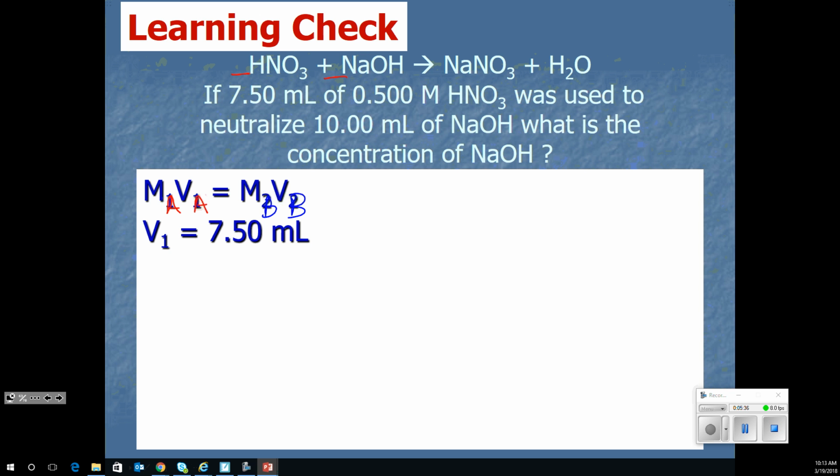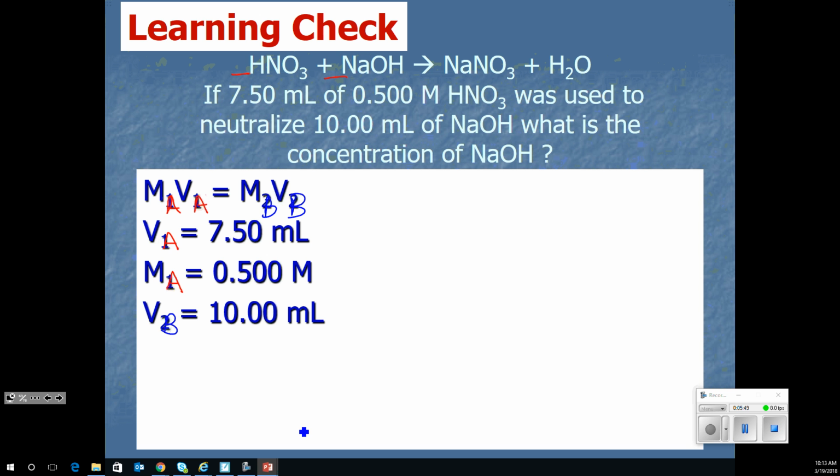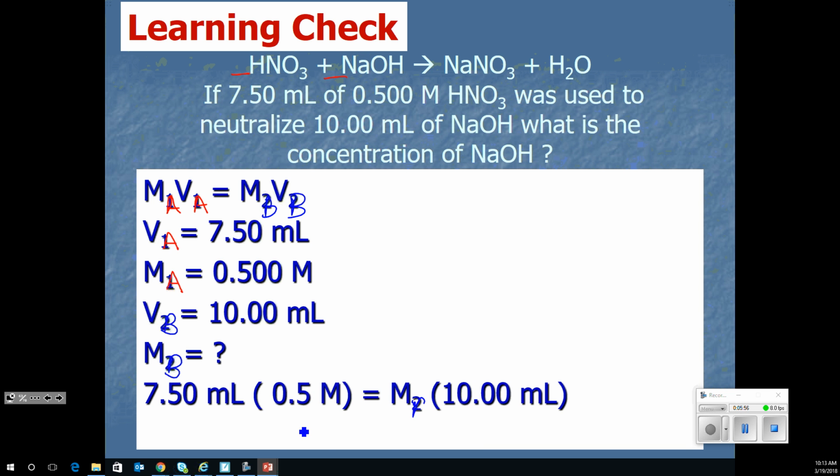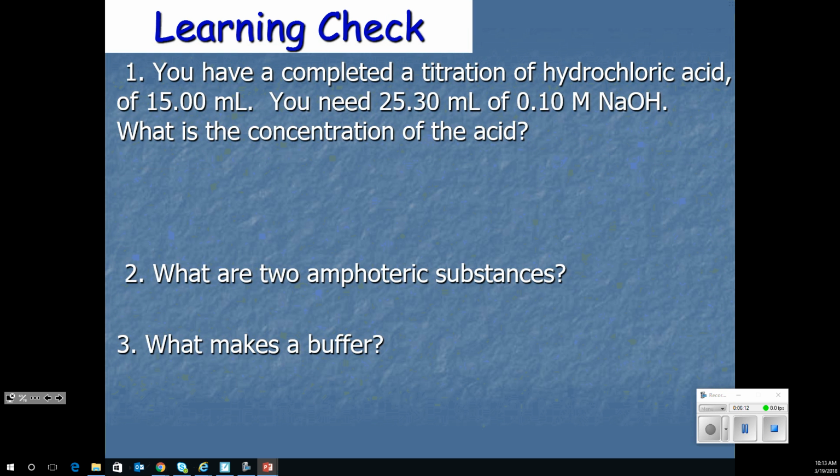So my VA is 7.5, my MA is 0.5, my VB is 10, and my MB is what I don't know. So I'm just going to plug things in. Again, I'm solving for my MB, and I divide both sides by 10, and I would end up with this for the answer for my molarity of my base. I like to use acid and base because then I keep track instead of the M1, V1, M2, V2.